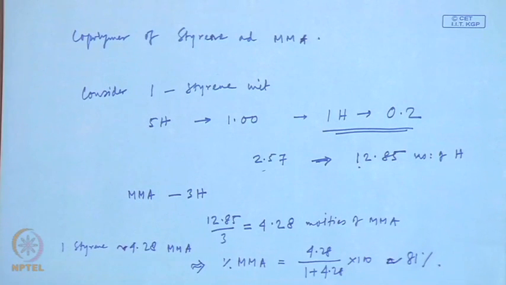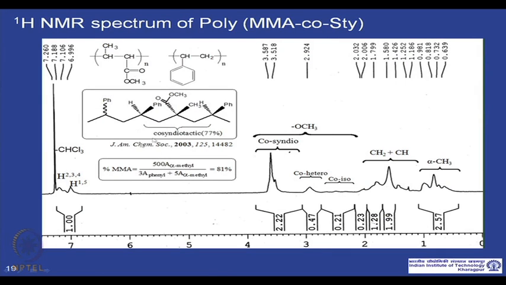Okay. So, this is one example that using the proton NMR spectra, you can actually get information about the composition of the copolymer. Now, obviously, to do this exercise, you have to identify peaks which correspond to particularly one moiety. For example, this one we had for the styrenic moiety and this one for the PMMA moiety.